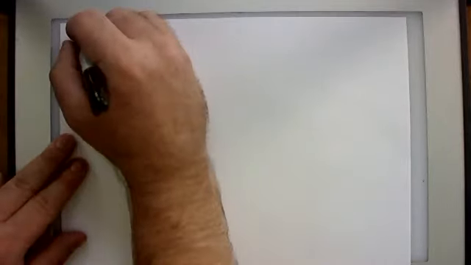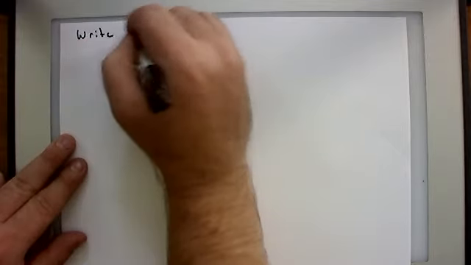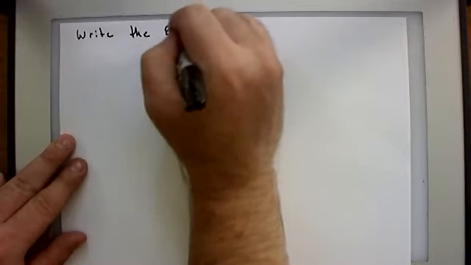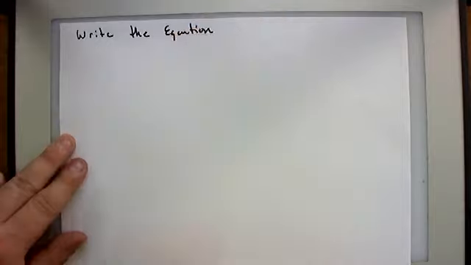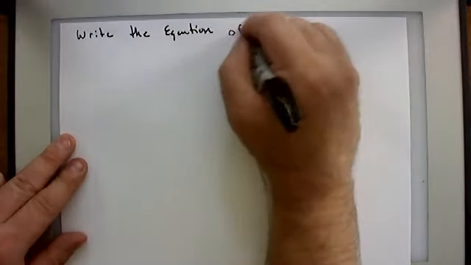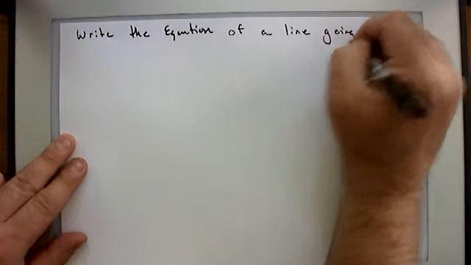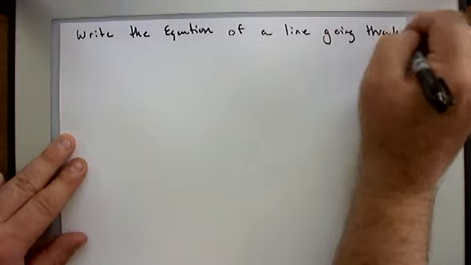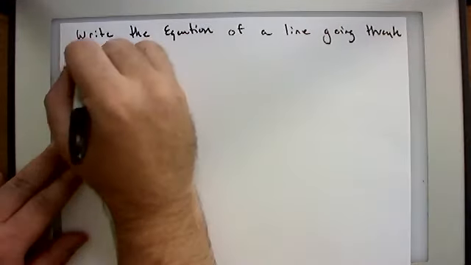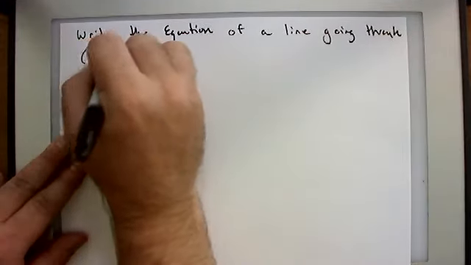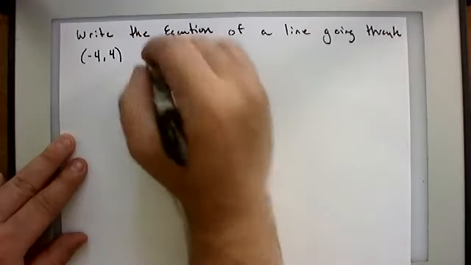Let's say we said, I want you to write the equation. This is out of the homework too. This one right here is out of the homework. It's a little bit wordy, so I wanted to do it with you guys. Write the equation of a line going through (-4, 4). Here's the thing, it's going to be a little different now.